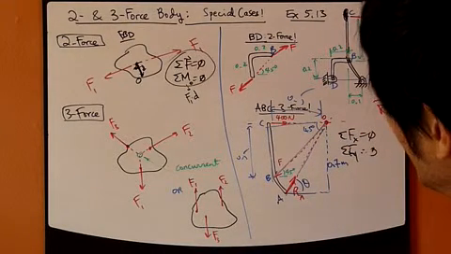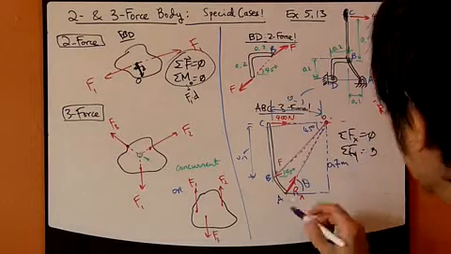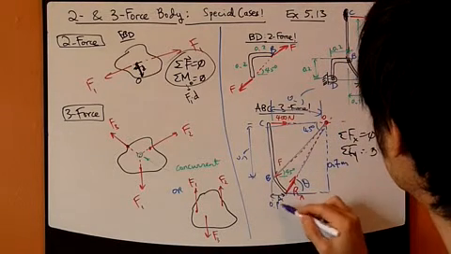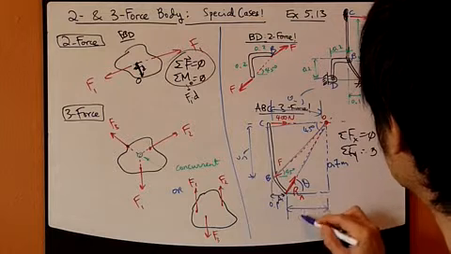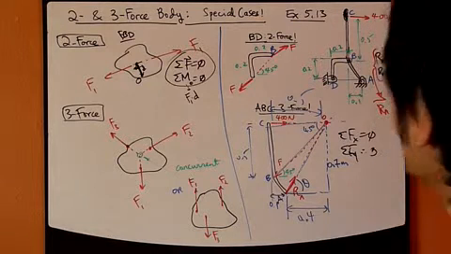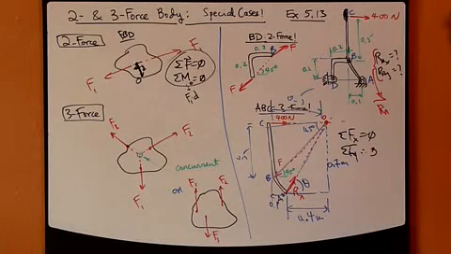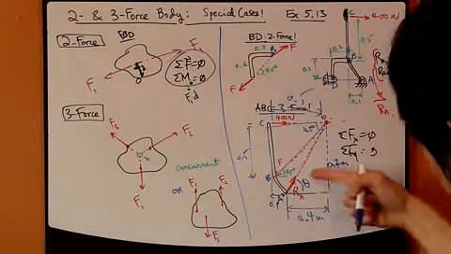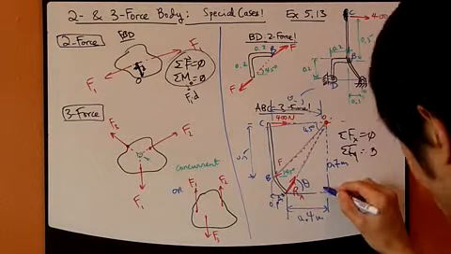Knowing that this is 0.5 and this is 0.1, you know that this is 0.4. So this triangle right here, knowing the two sides, you can find the angle.